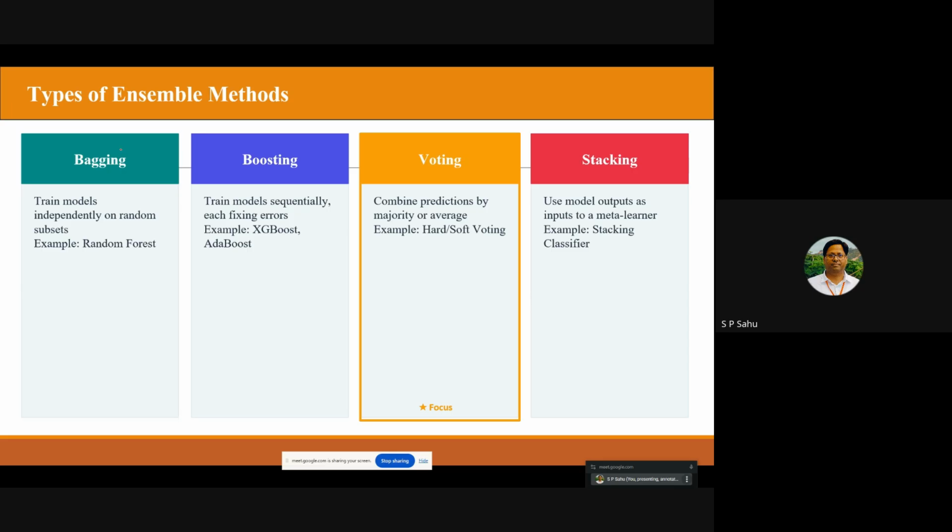So bagging. Again, I am just telling that initially we'll have a data set having any number of entities or instances. We will have a weak learner or base learner being used, which runs in parallel, and independent subsets are provided from the data set.